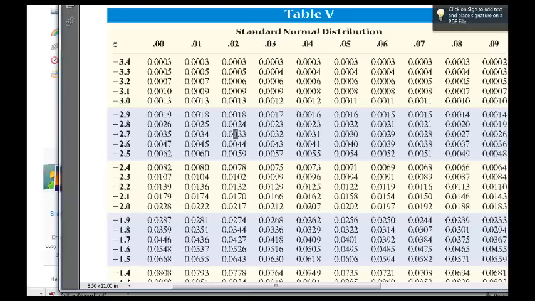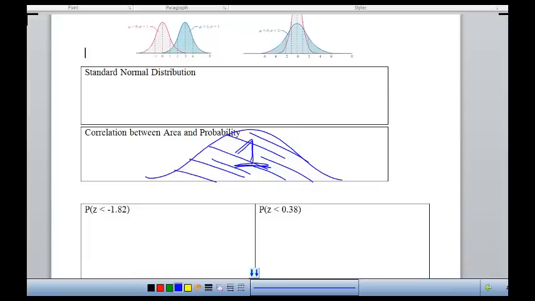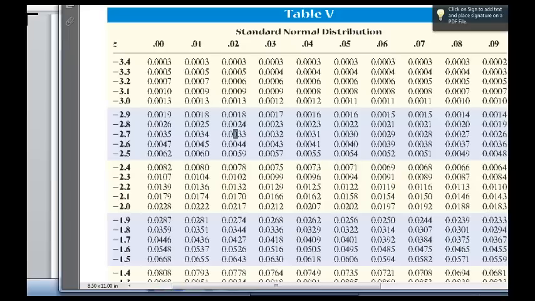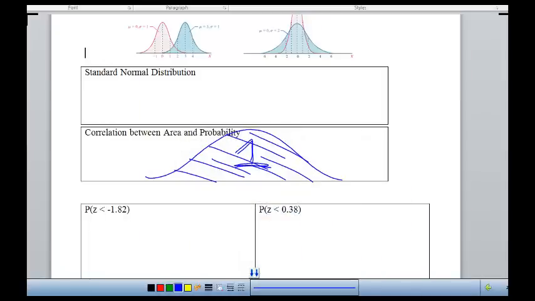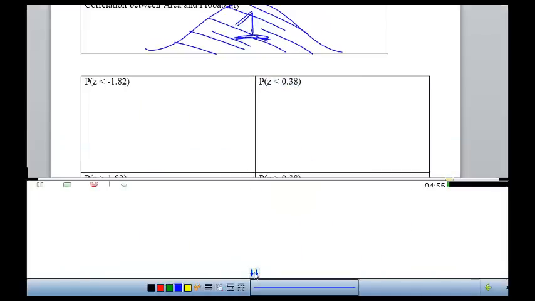All right, so what I would do first of all is kind of make a picture. If we're talking about z's, right here in the middle, z is going to be equal to what? Not 1, 0. Remember, the standard normal distribution has a mean of 0. That's going to be at the center, and a standard deviation of 1.